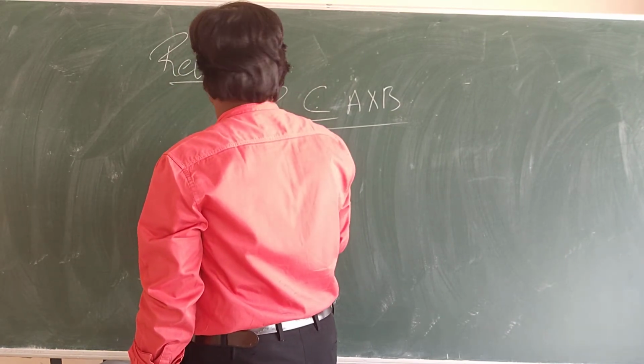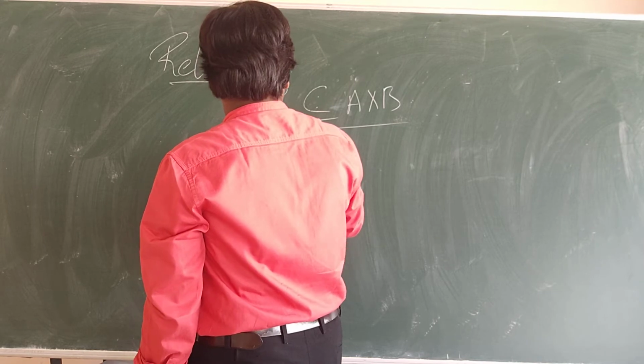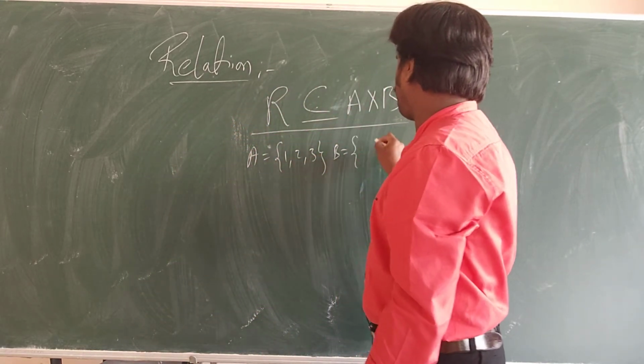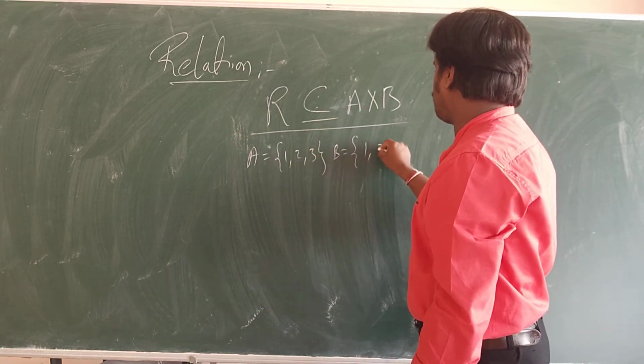Like in the given conditions, A and B are two sets. Suppose A is equal to 1, 2, 3 and B is equal to 1, 3, 4.